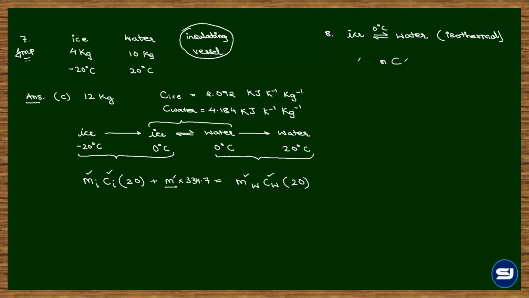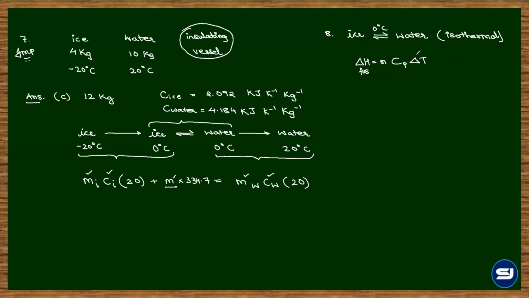When you take moles, it's molar heat capacity into the difference of temperature, right? Yes, sir. So this is the enthalpy for this particular process, यानी enthalpy of fusion ही है ना ये, n Cp delta T. Yes, sir.